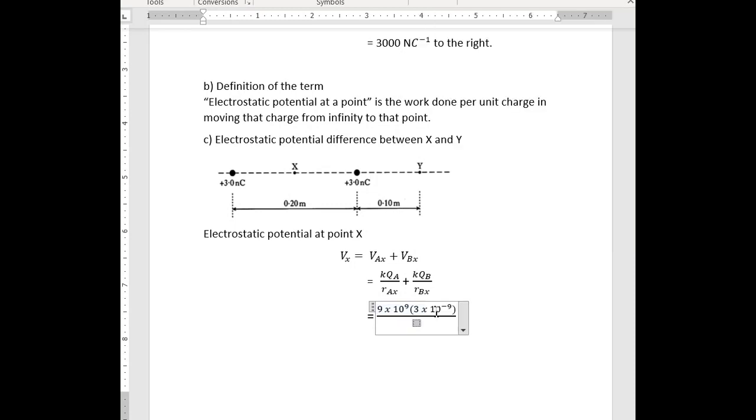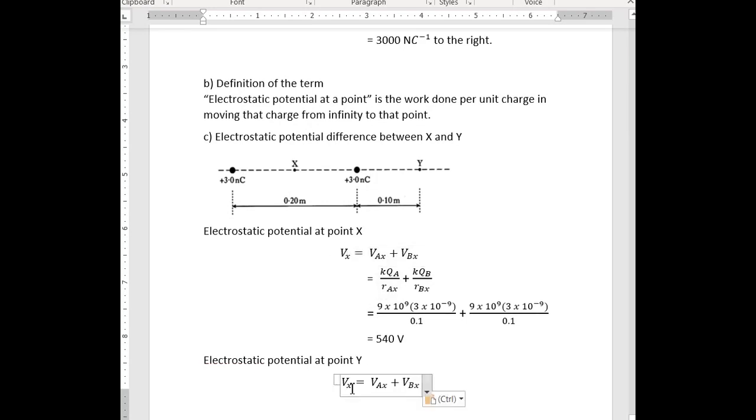Distance between A and X is 0.1. Same thing for potential of B. The answer is 540 volt.